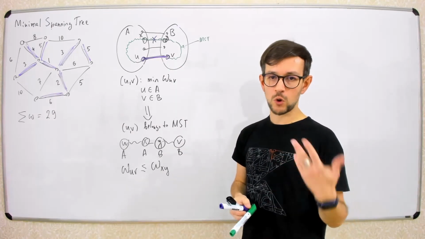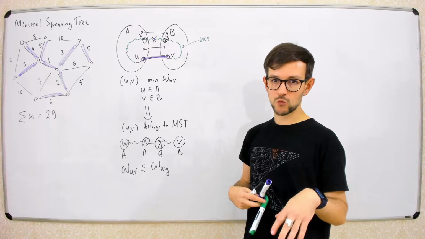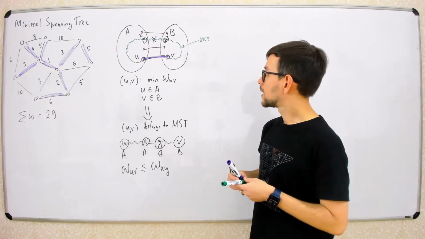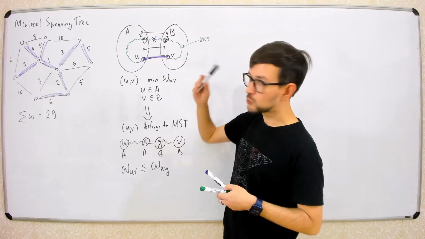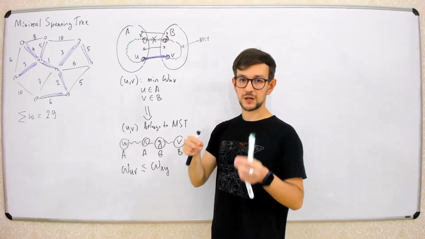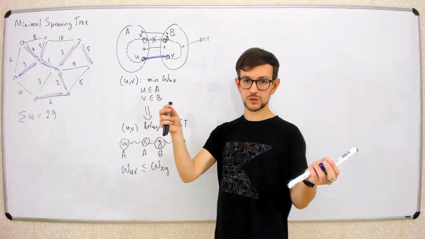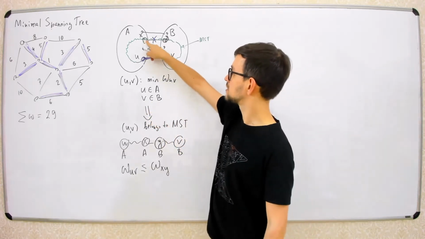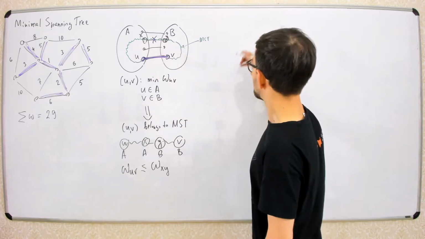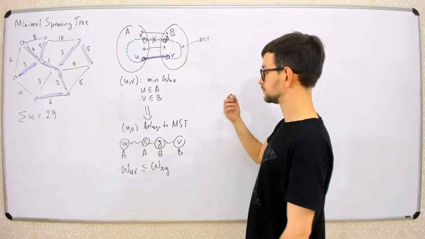If we prove that all nodes are connected, then we prove that we have a tree, right? Now, how to prove all nodes are connected? Let's take any two nodes and look at the path between these two nodes.